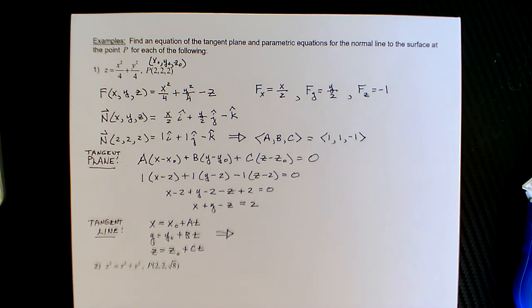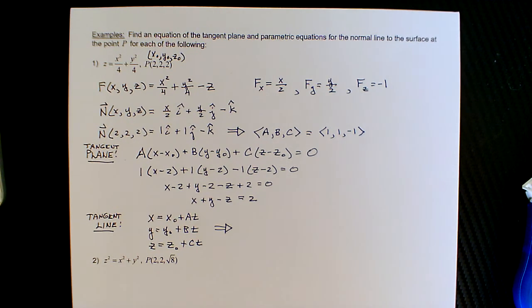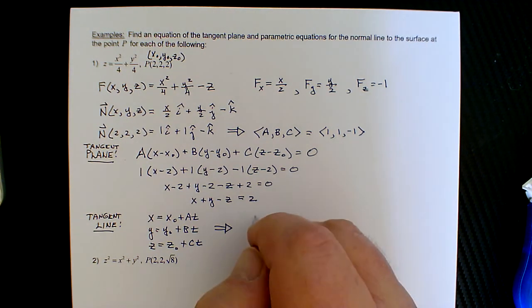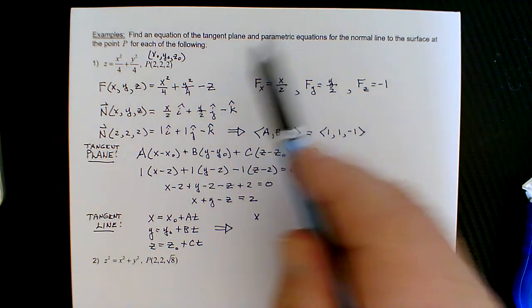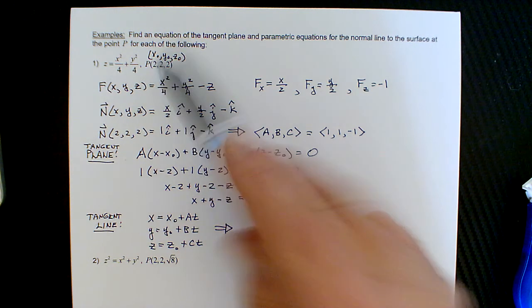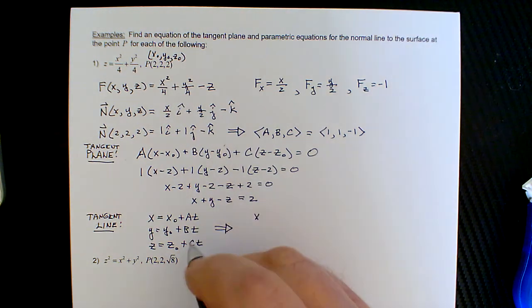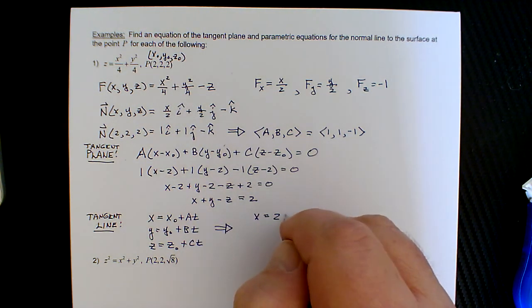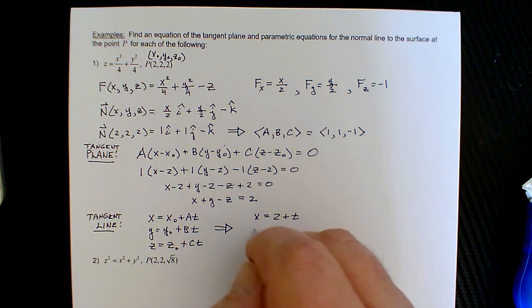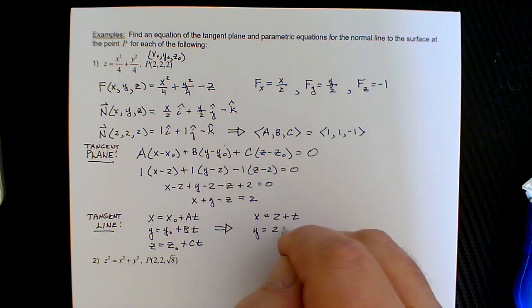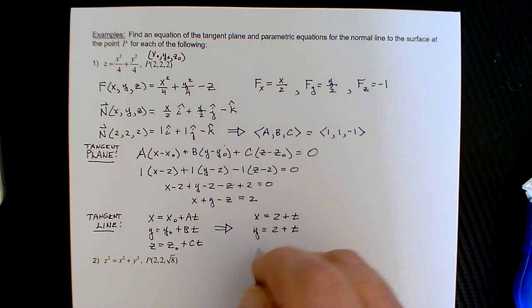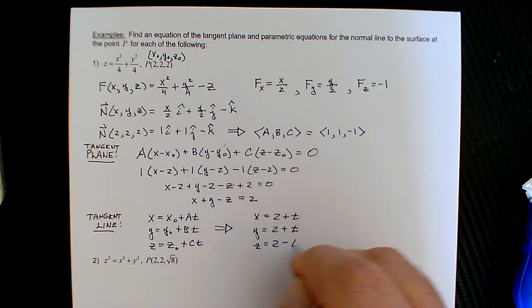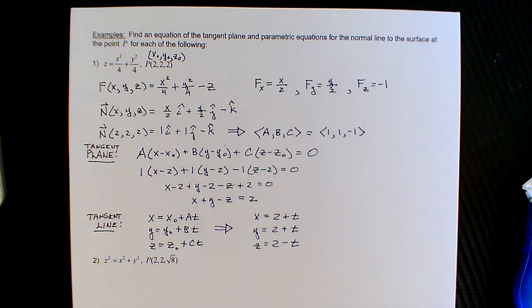And then we'll make our substitutions. And so we have, again, the point up here at 2, 2, 2. And then we use the respective a's, b's, and c's. So x equals 2 plus 1t, or just 2 plus t. y is 2 plus 1t, or 2 plus t as well. And z is 2 minus 1t, or 2 minus t.